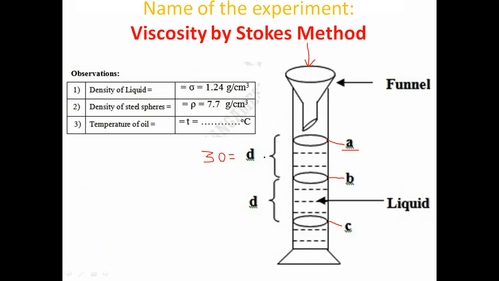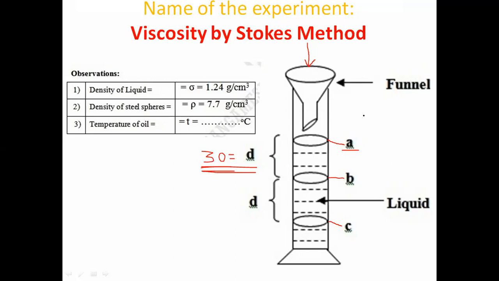This is D. So A to B is equal to D, and B to C is equal to D. It means A to B is equal to 30 centimeter, and B to C is again 30 centimeter. So A to B and B to C is equal to D, which is equal to 30 centimeter.